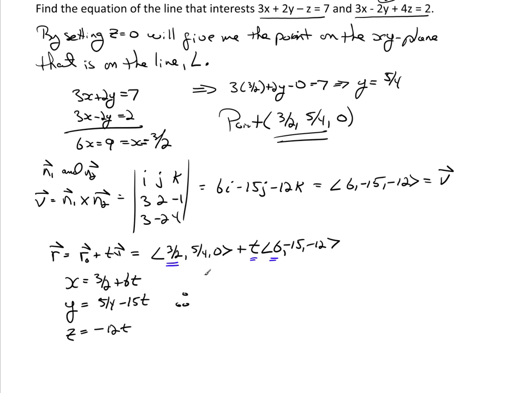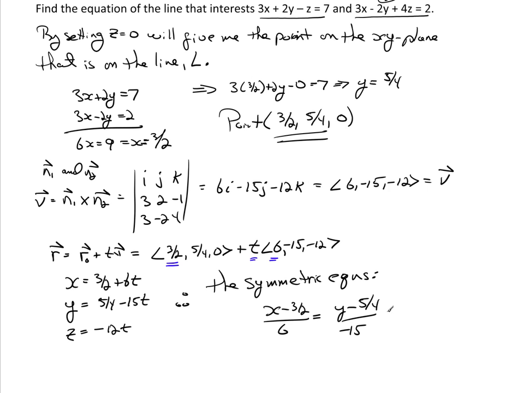Therefore, I could also write the symmetric equations. And the symmetric equations are going to be x minus 3/2 over 6 equals y minus 5/4 over negative 15, which equals z over negative 12.